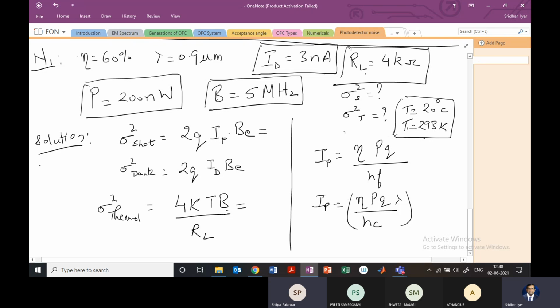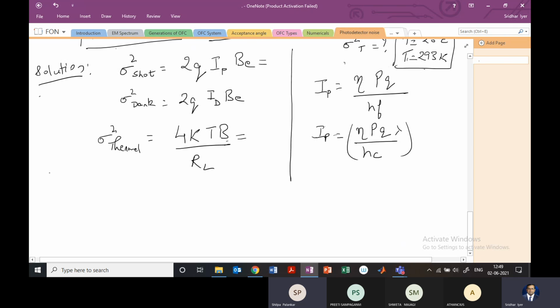So sigma square shot 1.39 into 10 raised to minus 19. Yeah, about that. I get about 1.41. So that is an approximation, but 1.4 into 10 raised to negative 19. Yes, sir. Correct. So sigma square shot we get as 1.4 into 10 raised to negative 19, and this is ampere square.